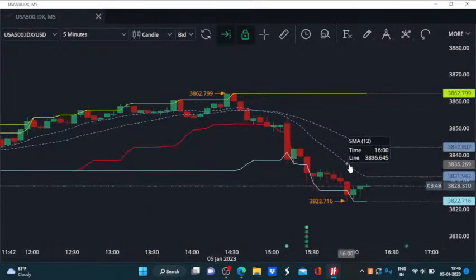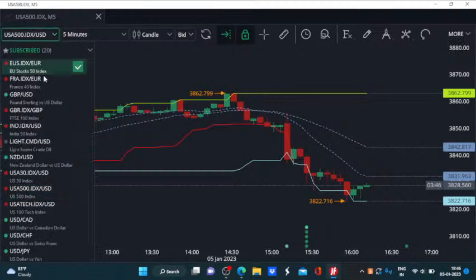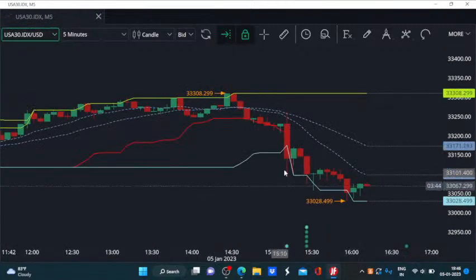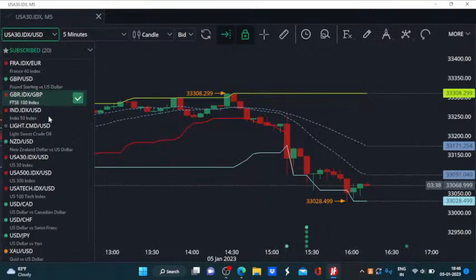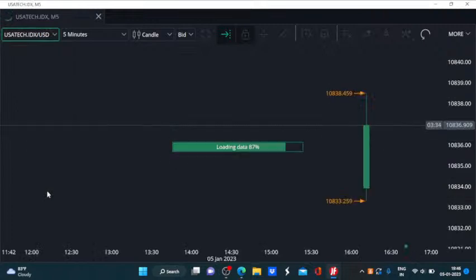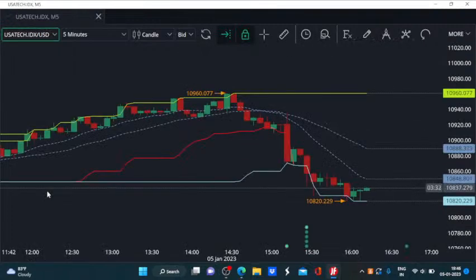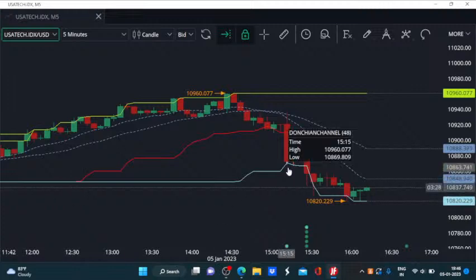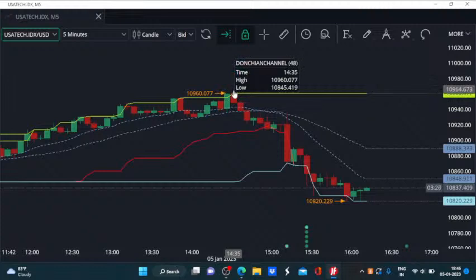The magnitude is around 1 percentage point. For the Dow, it is a little less than 1 percentage point, but almost similar. Let's consider the Nasdaq. The decline is a little over 1 percentage point, and the timeline is almost similar.